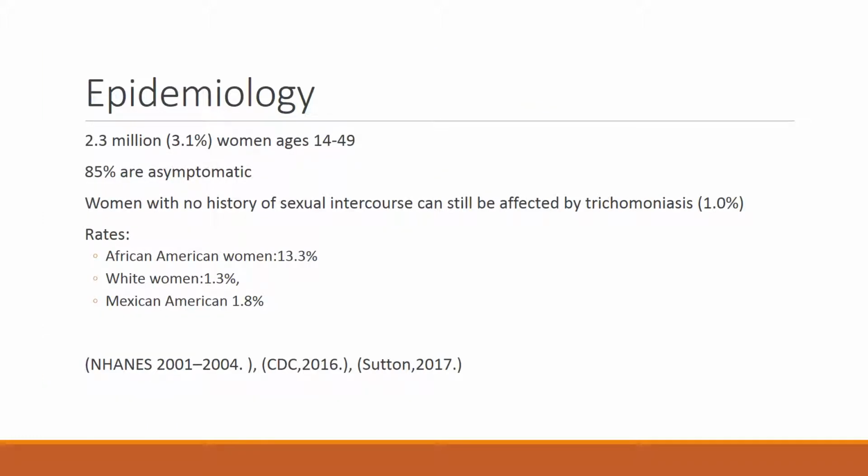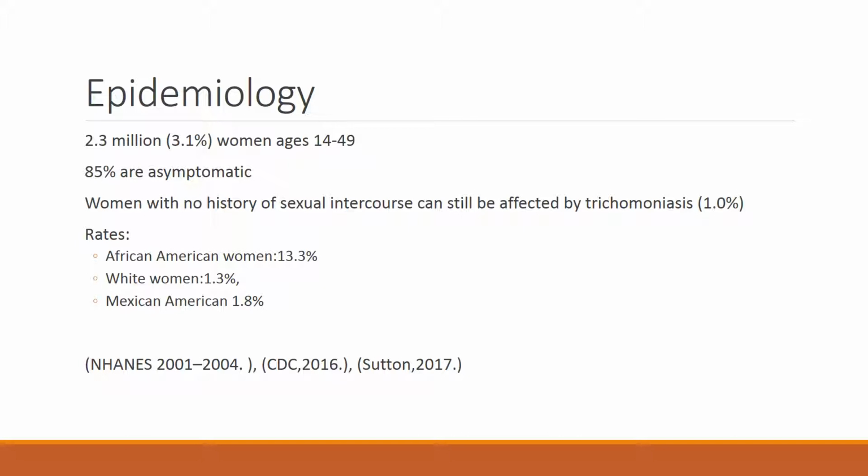So super common, about 2.3 million women ages 14 to 49 are going to have this infection. So quite a bit. A large majority, again, are not going to be symptomatic. There is still about a 1% chance that someone who has not had any sexual intercourse can still be affected by this infection.